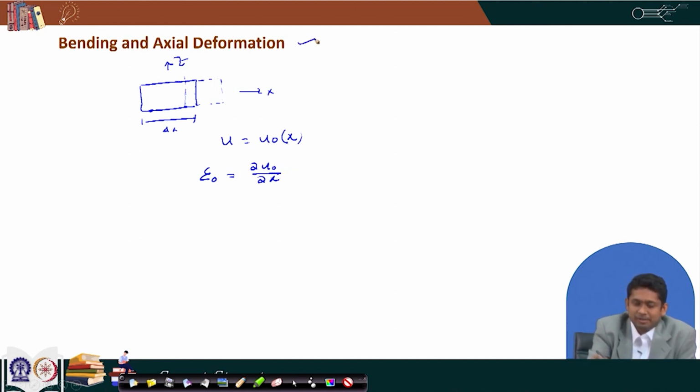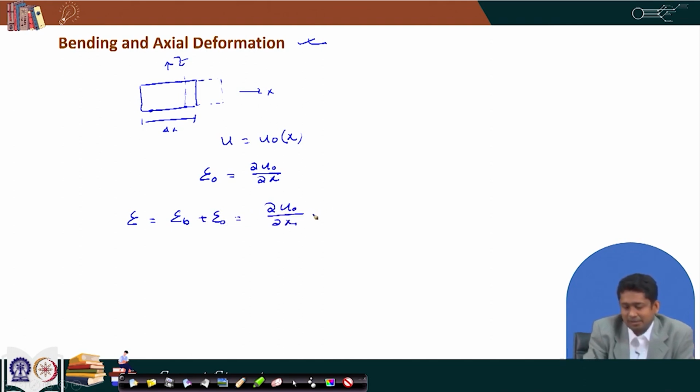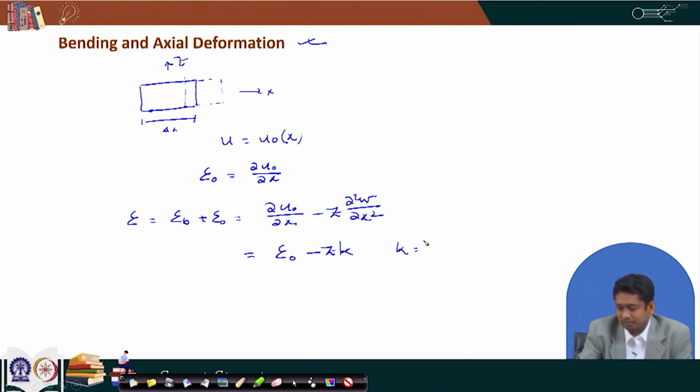So, for bending and axial displacement combined, we have epsilon is equal to epsilon b plus epsilon 0, and epsilon 0 is del u 0 by del x, and epsilon b is minus of z into del 2 w by del x 2, and that we can write in a simplified form as epsilon 0 minus z into kappa, where we say kappa as del 2 w by del x 2.